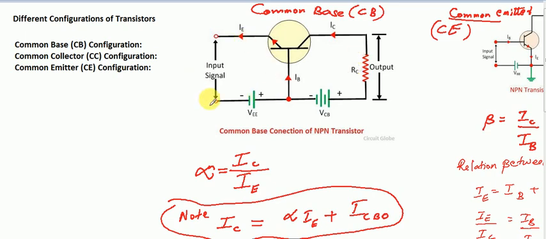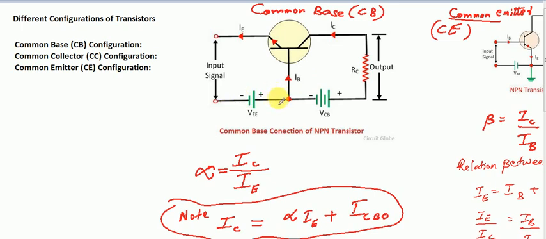In order to achieve that, we made the input section forward biased and the output section reverse biased. When we transfer signals from a low resistance region to a high resistance region, there will be some sort of amplification, because one of the basic applications of a transistor is amplification.